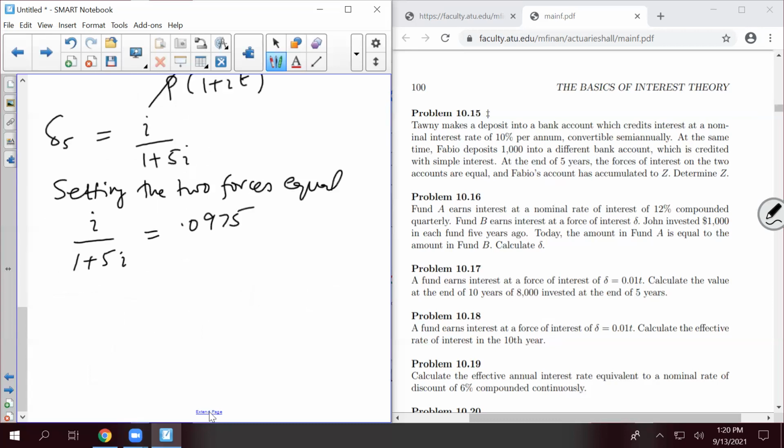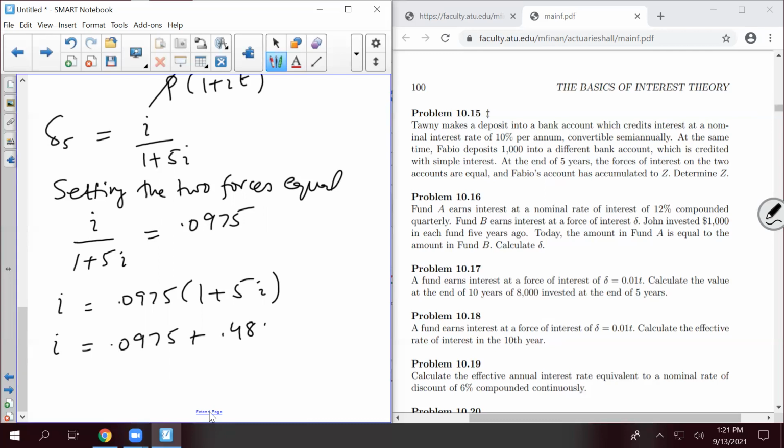So first we will multiply. Distribute. 5 times 0.0975 is 0.4875.